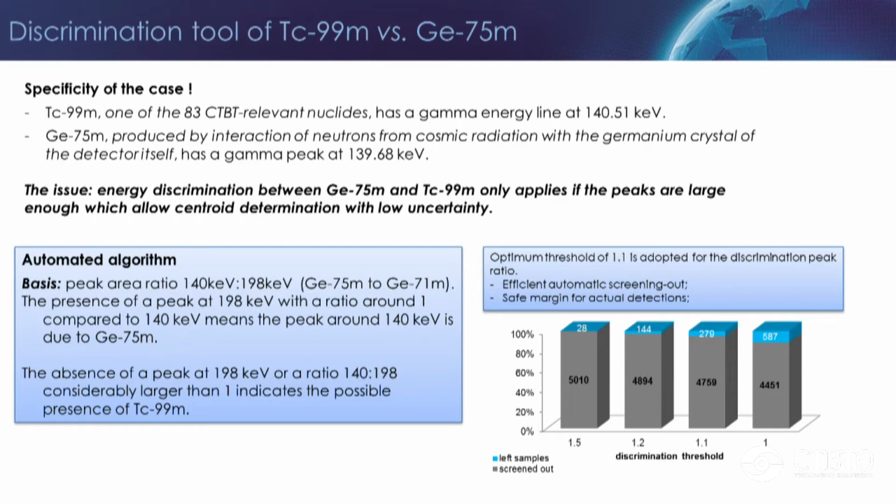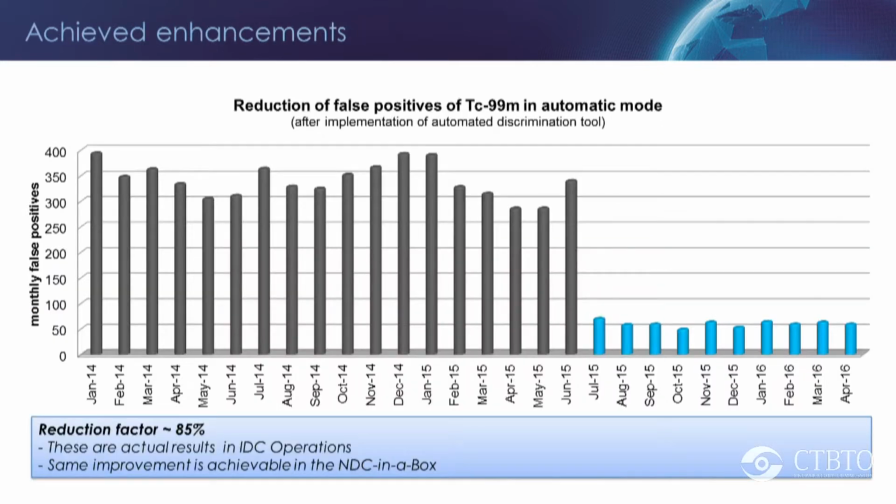And finally, we decided to go for 1.1, which means more than 95% of the cases would be screened out already in automatic mode, and the remaining 5% of cases would provide a very safe margin so that we don't miss any real detection.